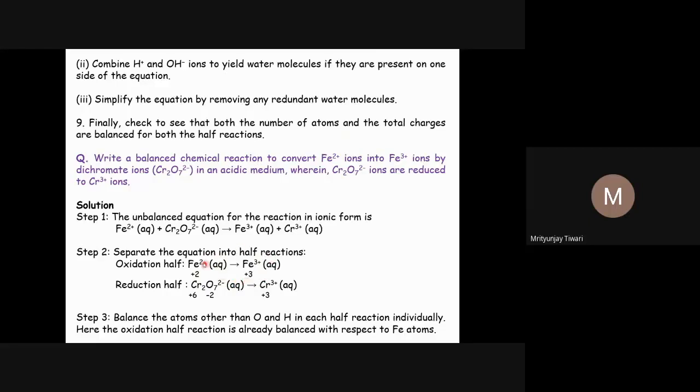This is one half you can decide, though you may not understand whether it is the oxidation or reduction half. And if something is happening to chromium, it will go to this form, so this is the other half you can recognize. However, it is better if you understand which is the oxidation half and which is the reduction half. Even if you do not, you can balance such reactions by dividing the reaction into two halves.